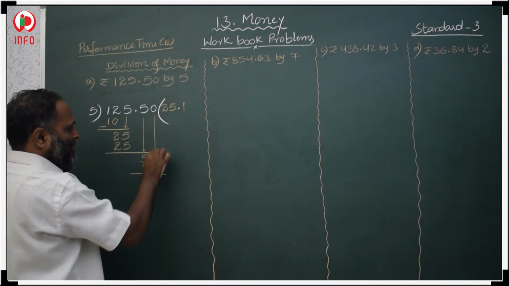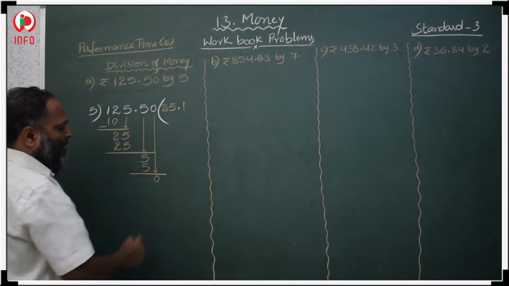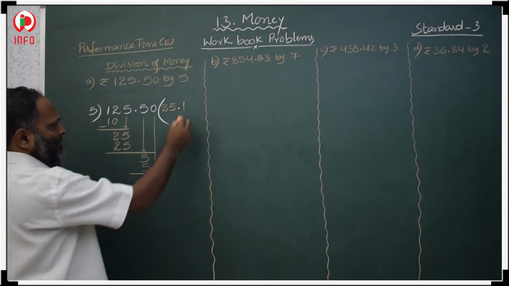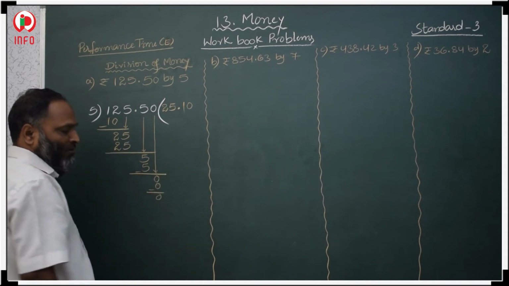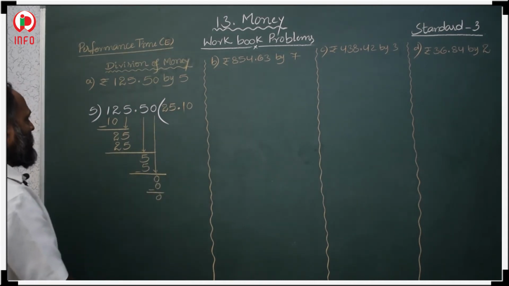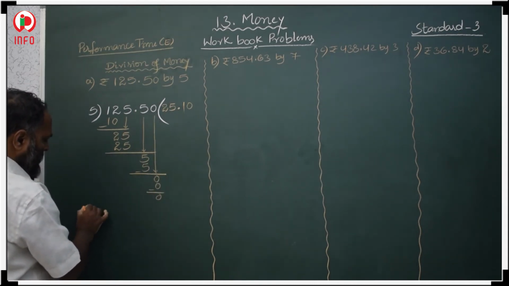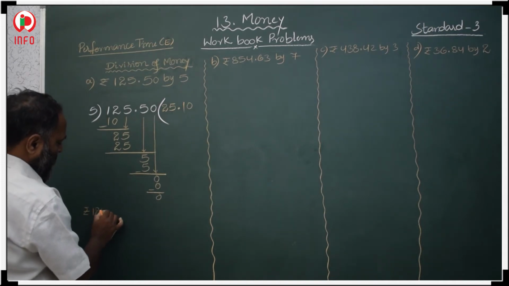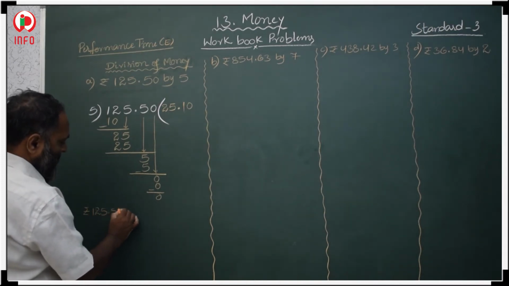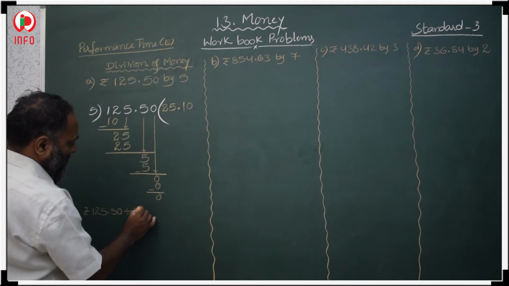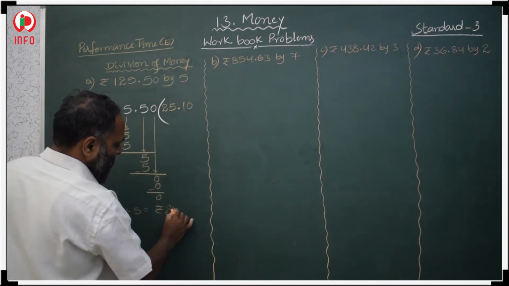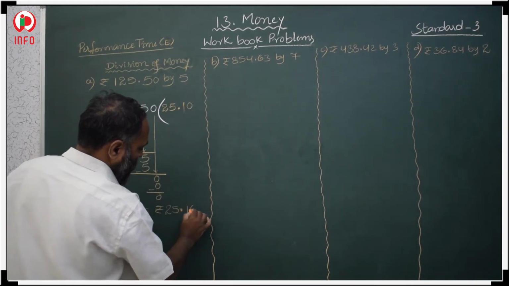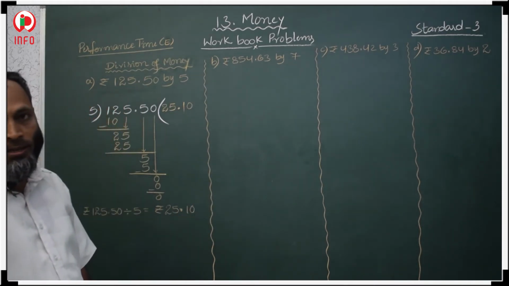Then after that copy 0. 5 0s are 0. 0 minus 0 is 0. Then the answer, if 125 rupees 50 paise is divided by 5, your answer is 25 rupees 10 paise. Okay, this is your answer.